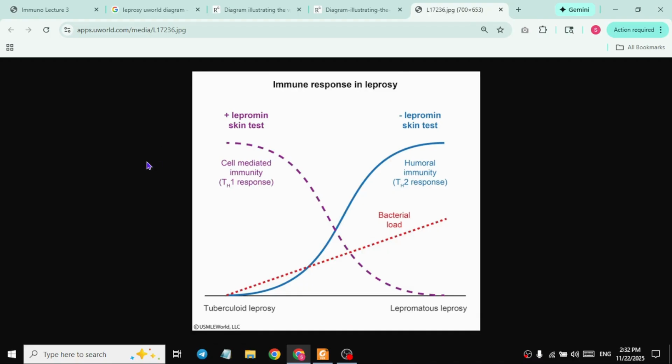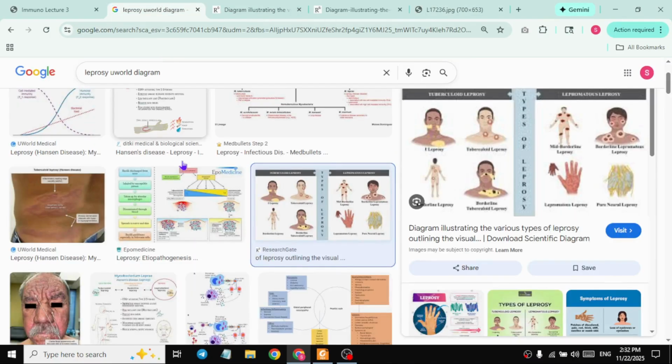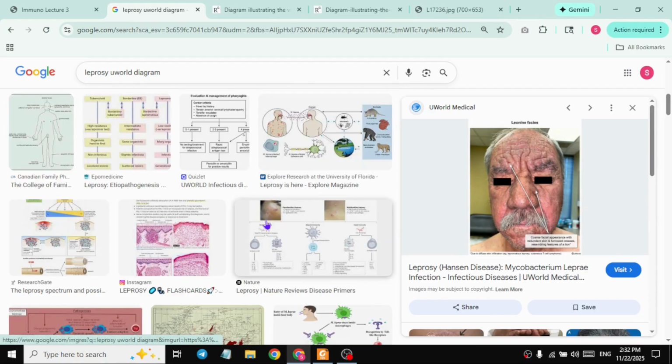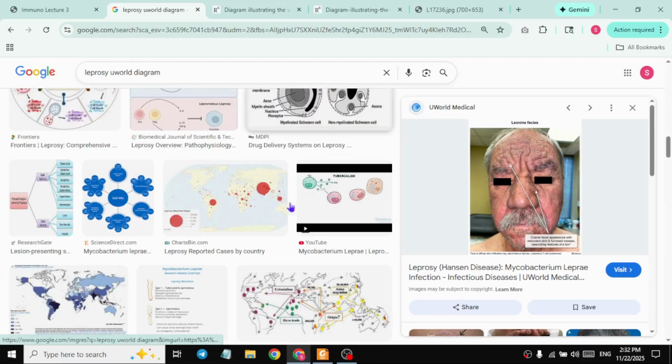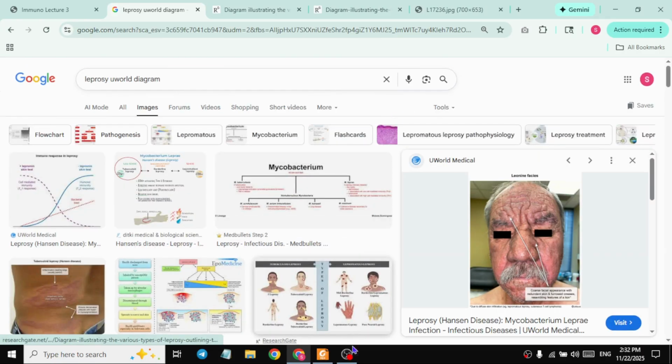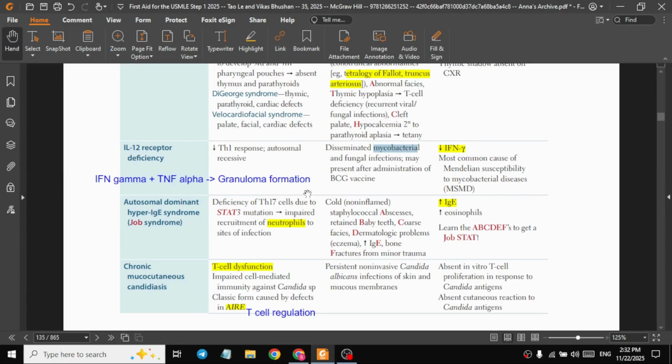I encourage you to look at the patients, how they look. This is more of lepromatous leprosy. It used to be a big problem back in the day, right? Now coming back to this, if they ever try to correlate IL-12 and mycobacterium, you're ready.